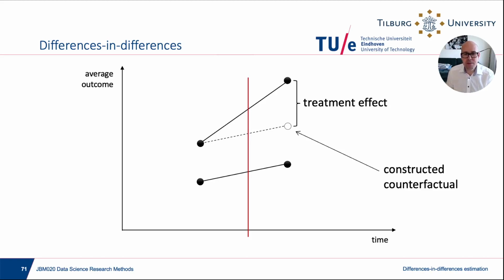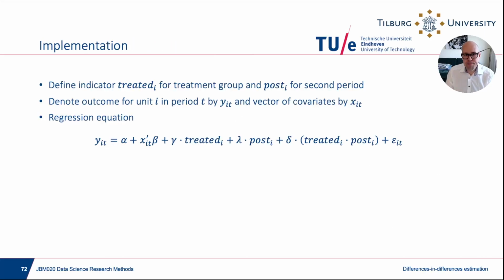In practice, what I'm going to do is I'm going to take this minus that, I'm going to take this minus that, and then I'm going to take the difference of these two things. Or even more conveniently, I can use OLS to estimate it.